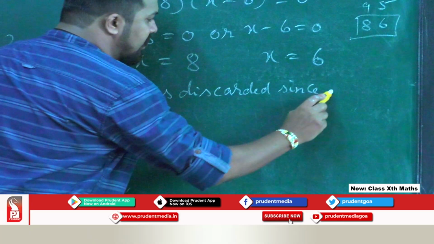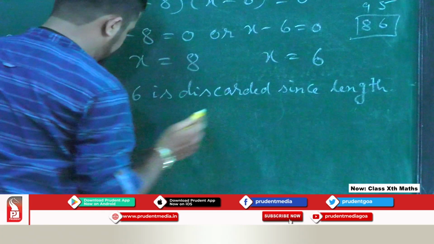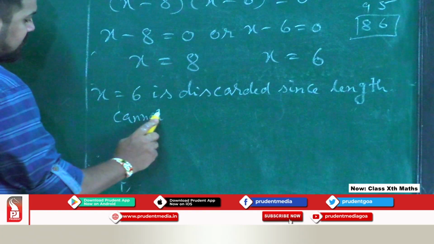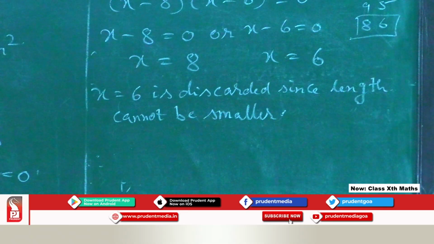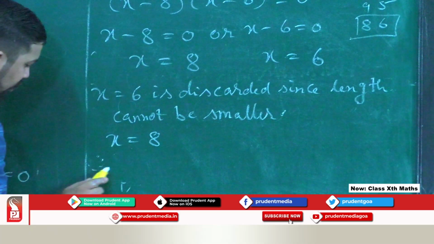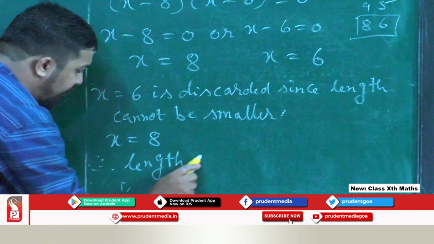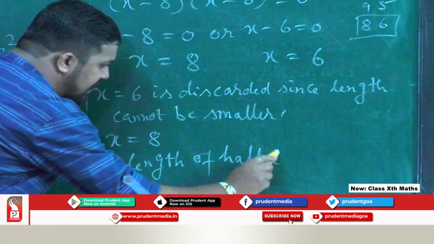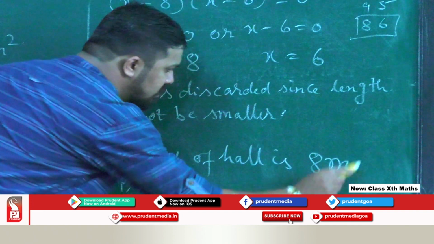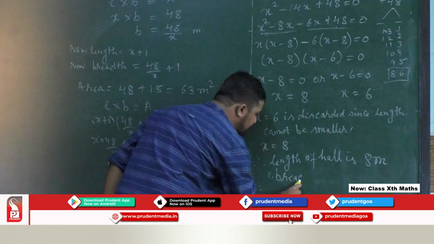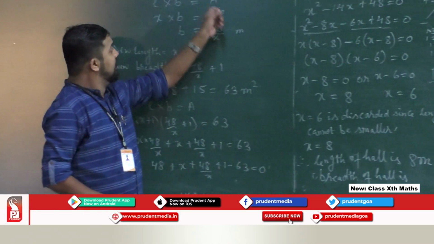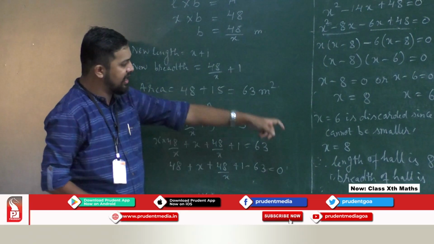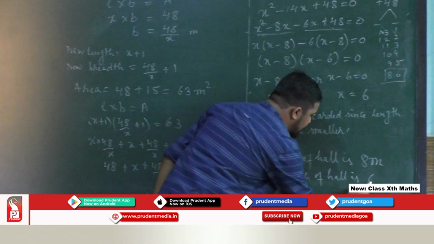since length cannot be smaller. Therefore, x is equal to 8 and therefore length of hall is 8 meters, breadth of hall is 48 divided by x, that is 48 divided by 8, 6 meter.